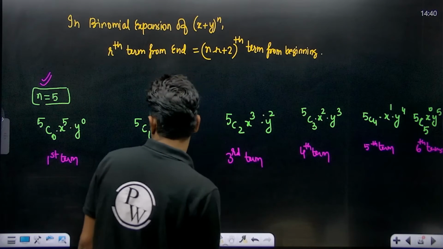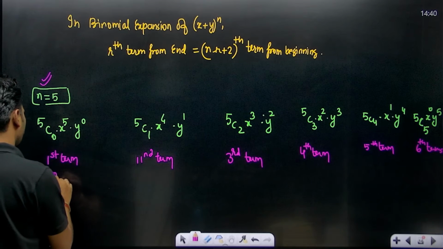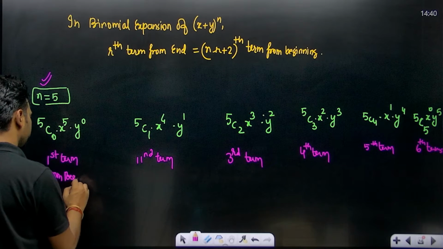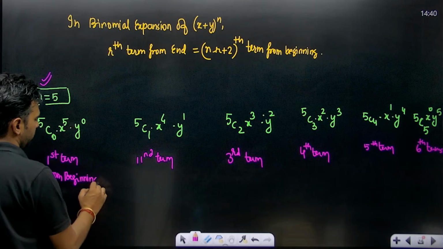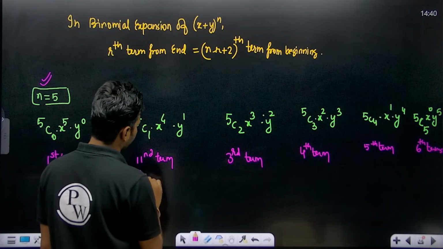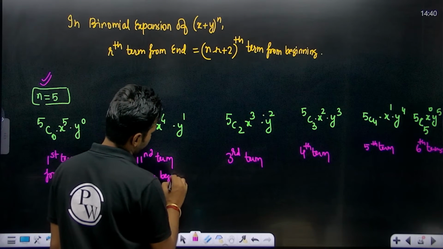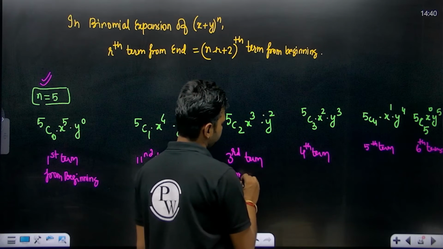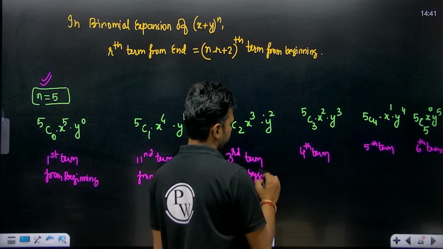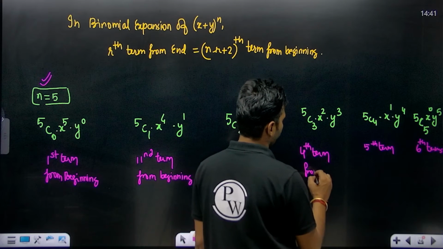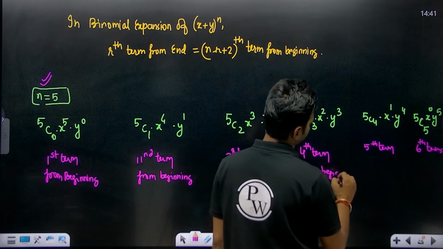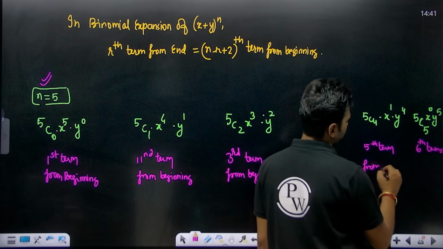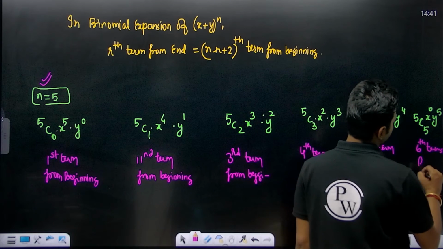This is first term from beginning. This is second term from beginning. This is third term from beginning. This is fourth term from beginning. This is fifth term from beginning. This is sixth term from beginning.